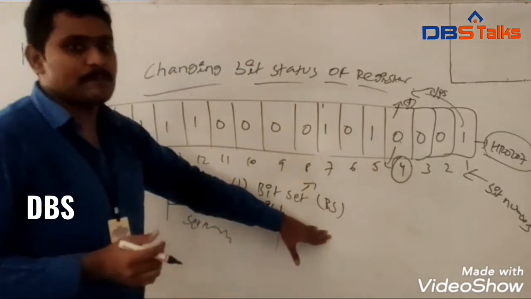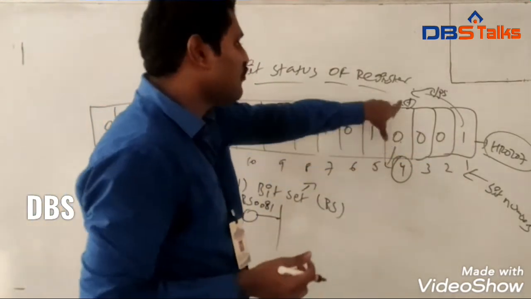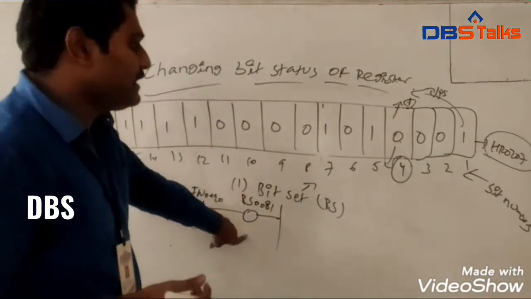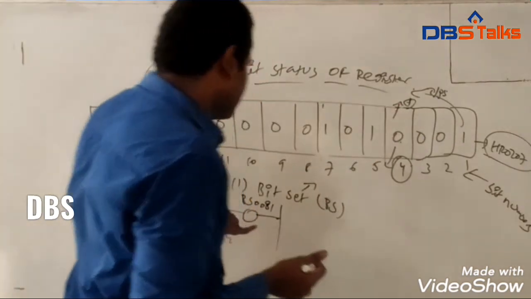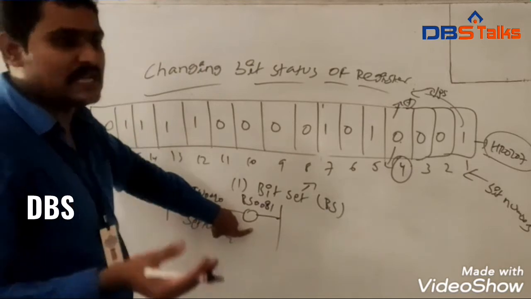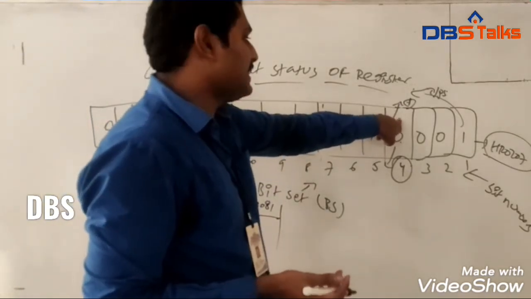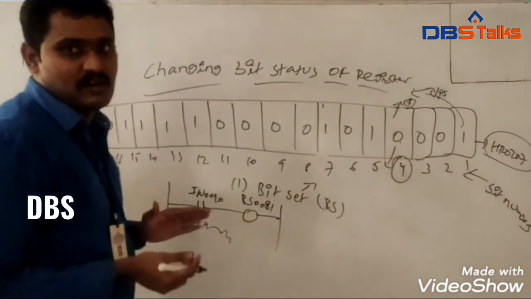So by using bit set we are changing the bit 4 value of HR0207 to 1. Whenever the BS0081 function is enabled, this 0 value is changed to 1 permanently. Whenever it is disabled, the value is not changed; it is already 1, so it stays in the 1 condition.